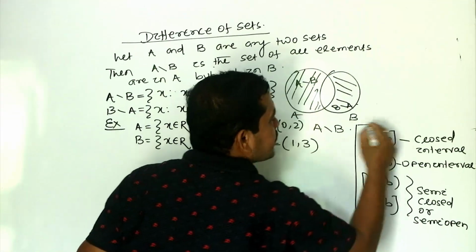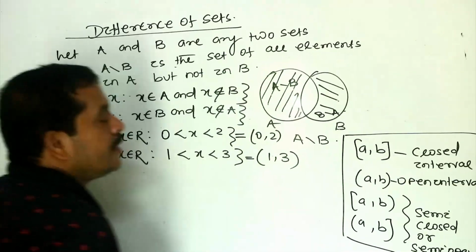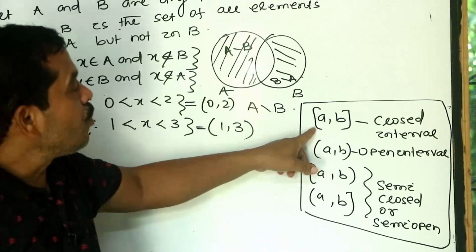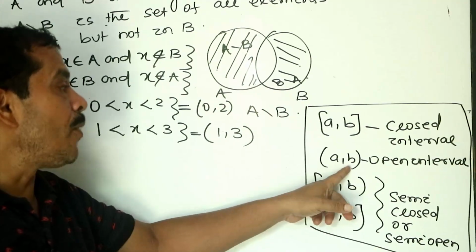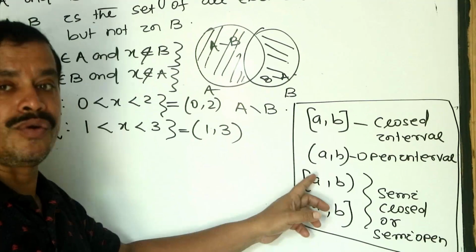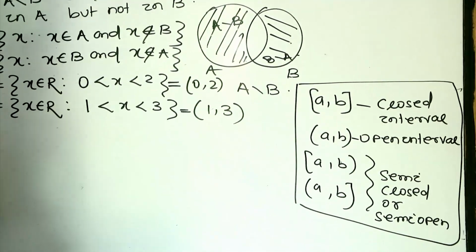These four intervals are used in our mathematics. That is known as closed interval and this is open interval. These two are known as semi-closed and semi-open.